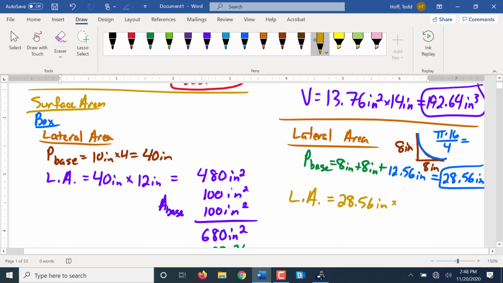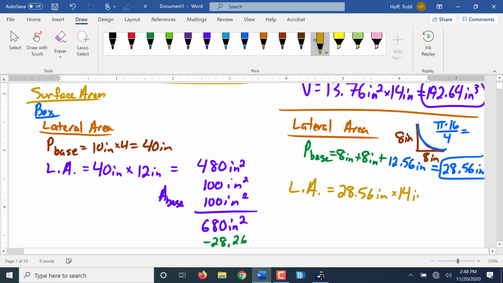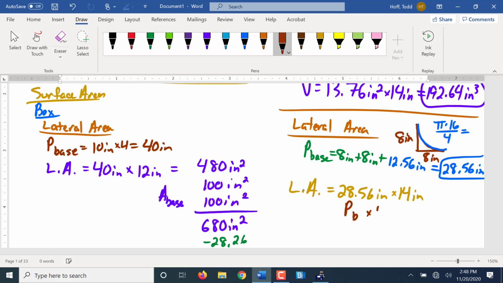So it's times the 14-inch height. This is just perimeter of the base times height for lateral area. So 28.56 times 14 is 399.84 square inches. Now that's just the lateral area.